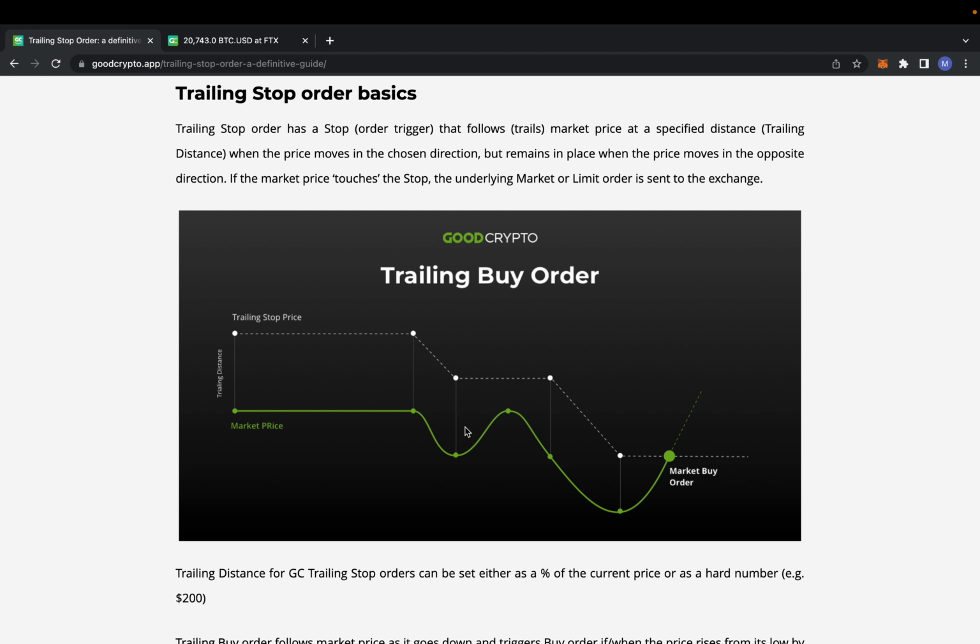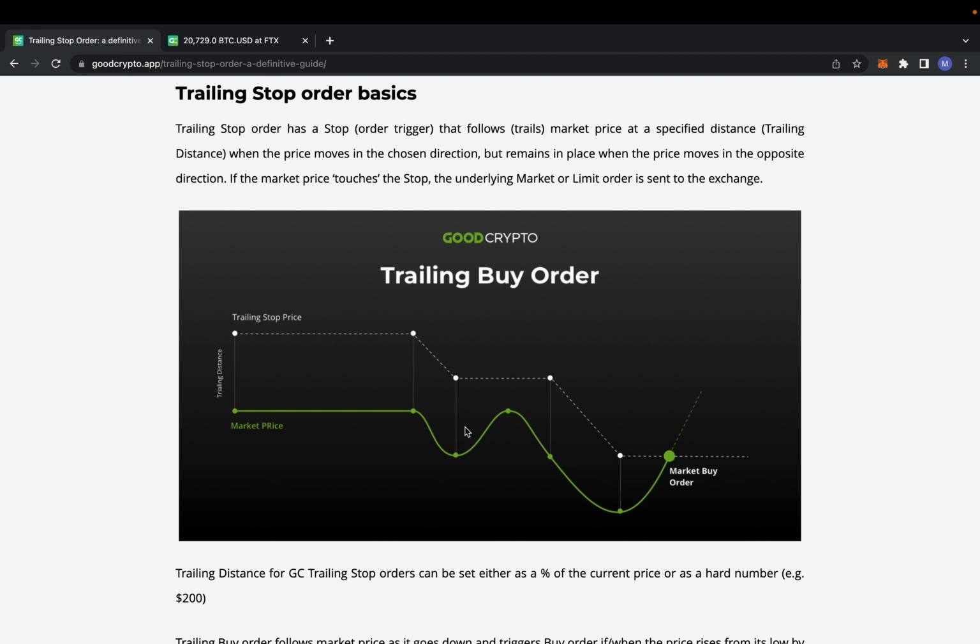And on the other hand, if you expect that the price will continue to move in your favor, you can also set a limit order somewhere down the road. But the risk there is that if the price falls short and doesn't reach the limit order, then it won't execute. So a trailing stop order tries to do both.